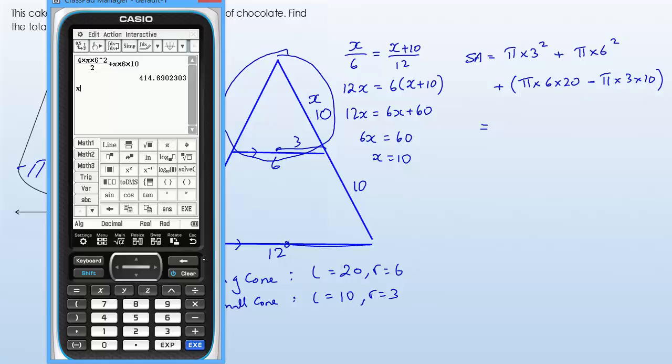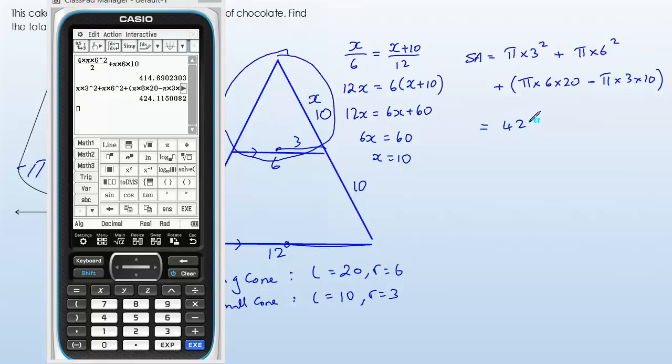So we have pi multiplied by 3 squared added to pi multiplied by 6 squared, and then add, use a bracket, pi times 6 times 20, take away pi times 3 times 10, and that gives me 424.115 and so on.